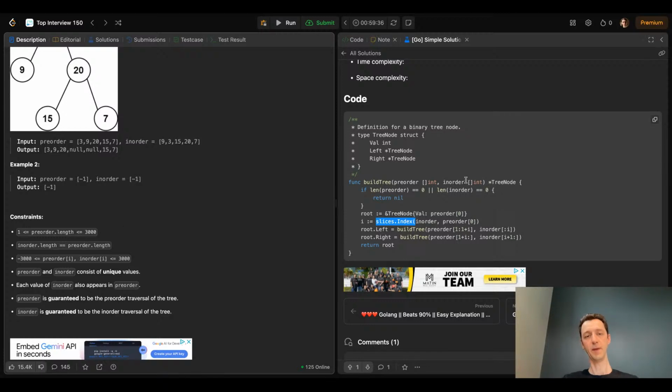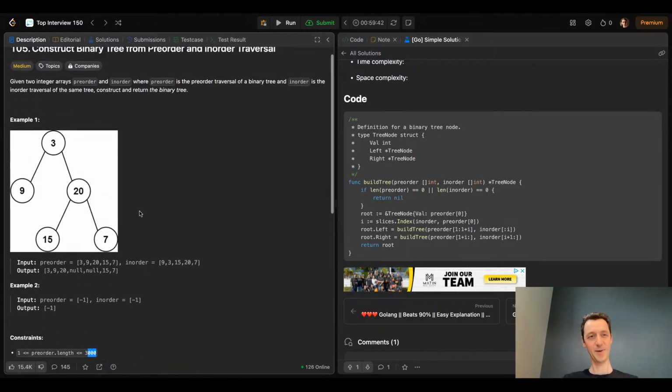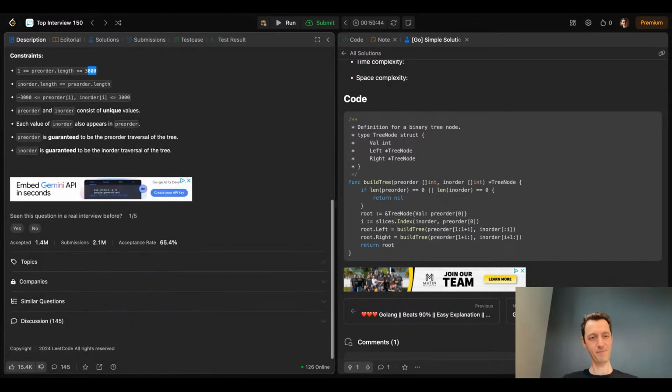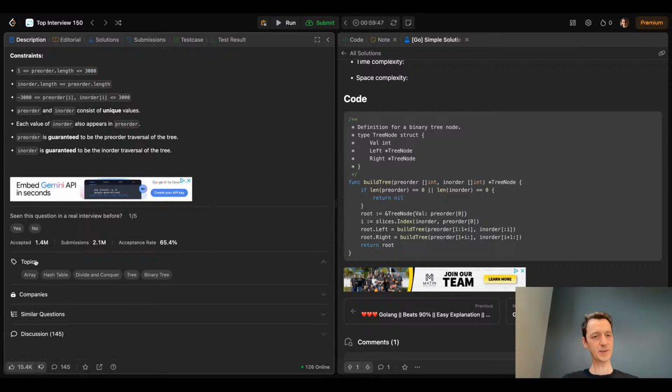It's just 10 million. Could be n-squared-ish. They also talk about hash table, not surprisingly. Divide and conquer. Very general. Tree, binary tree.